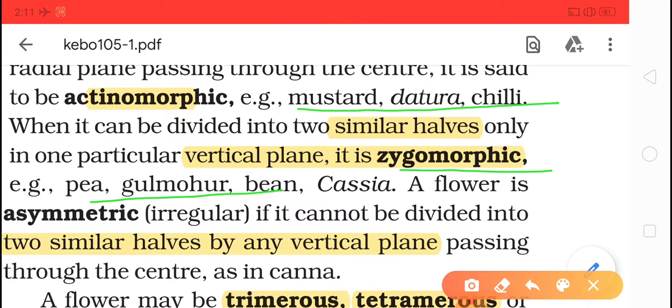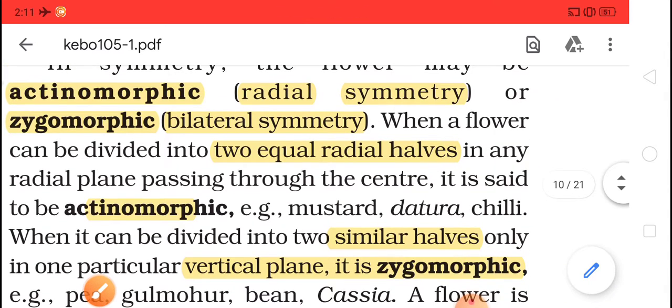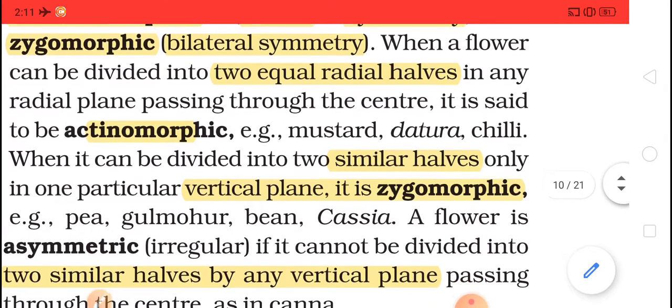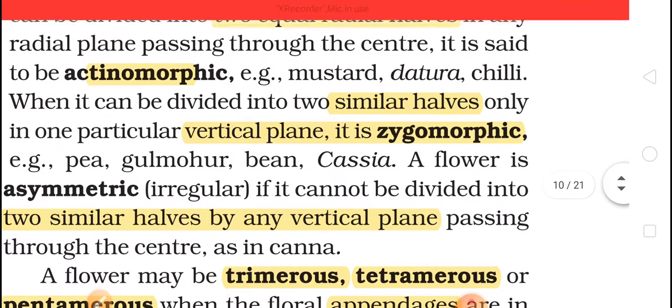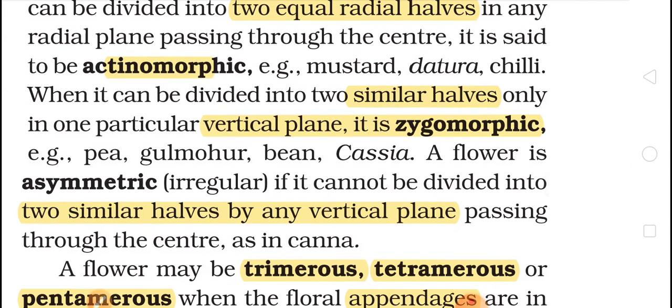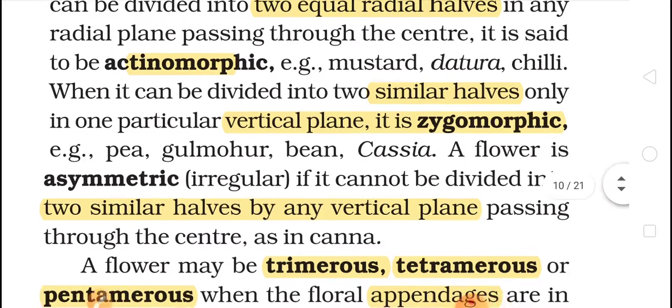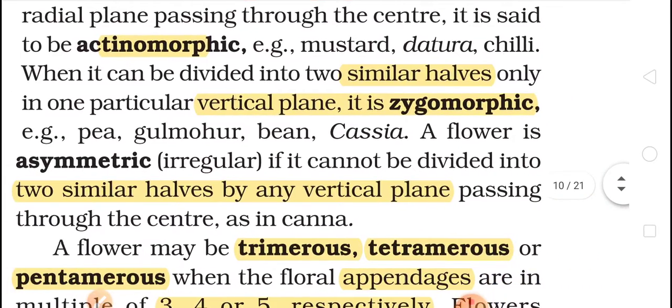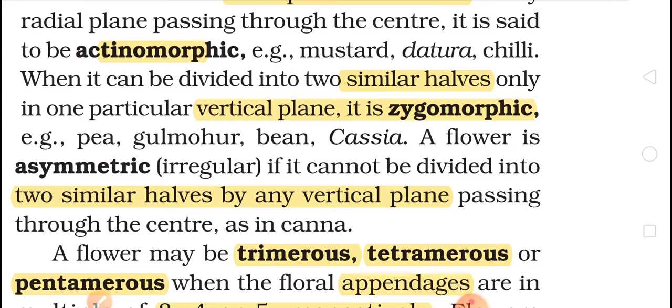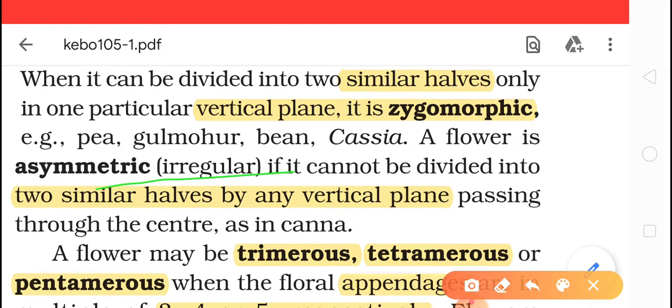Okay, children, symmetry we have discussed here. Actinomorphic have radial symmetry, and zygomorphic have bilateral symmetry. Some flowers are also asymmetrical, that is they cannot be divided into two equal halves by any vertical plane. Clear?